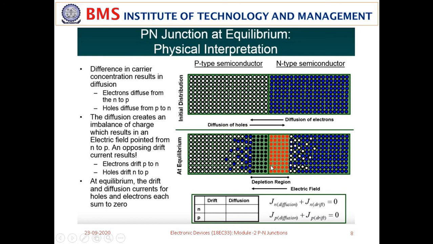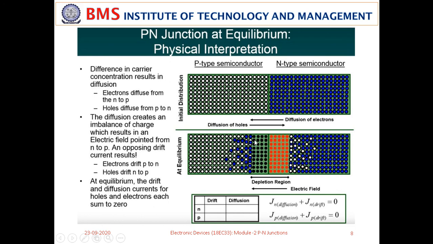You can see all this red color is positive immobile donor ions, and on the other side, the p side, since holes have moved from p side to n side, they have created negative immobile ions, or depleted charges, in the vicinity of the junction.